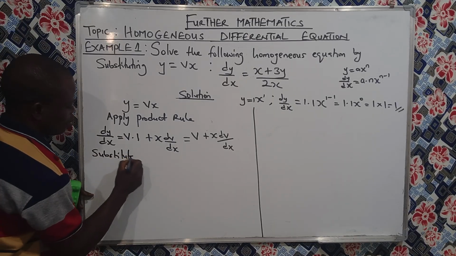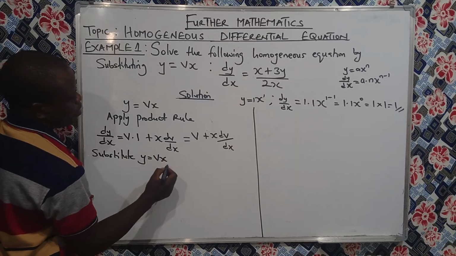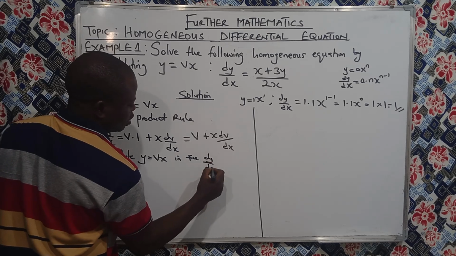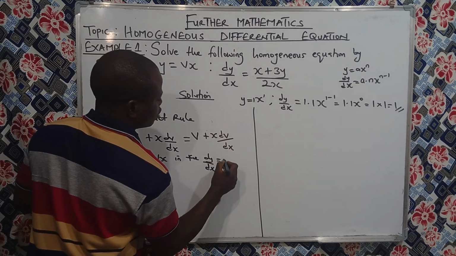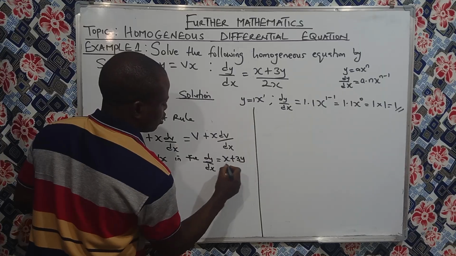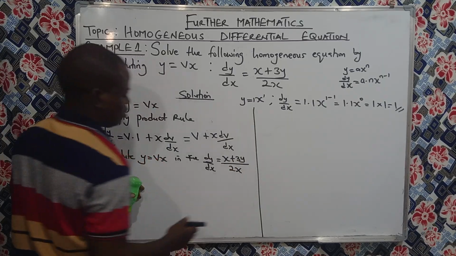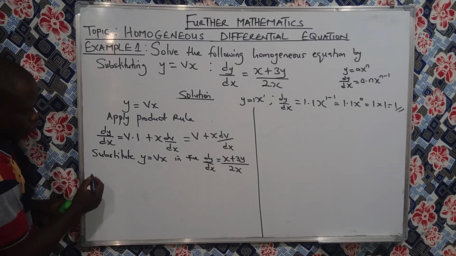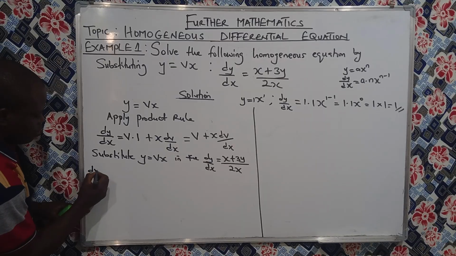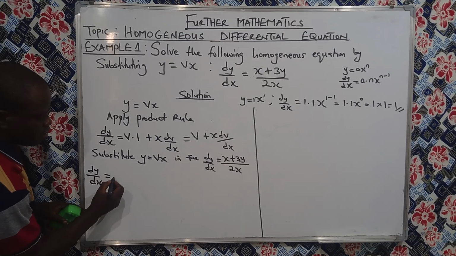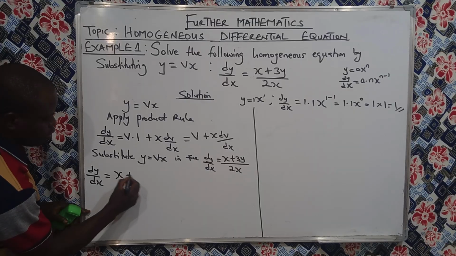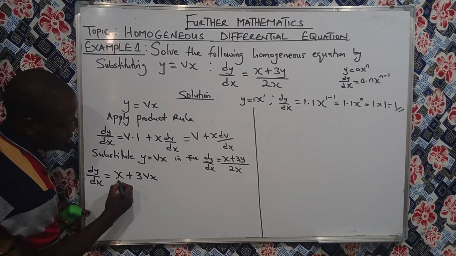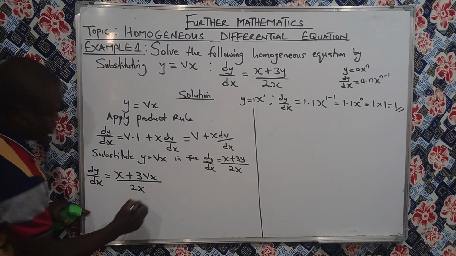Substitute y equals vx, and you now have dy over dx equals x plus 3vx over 2x.